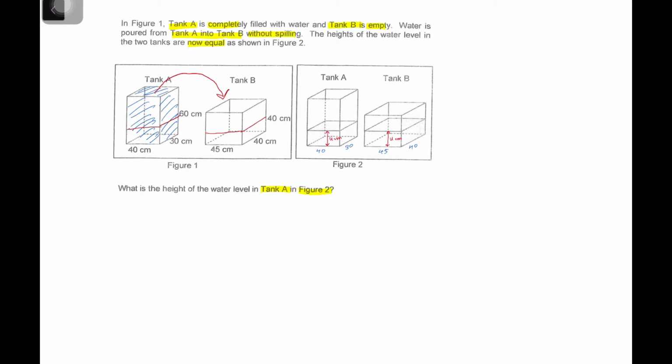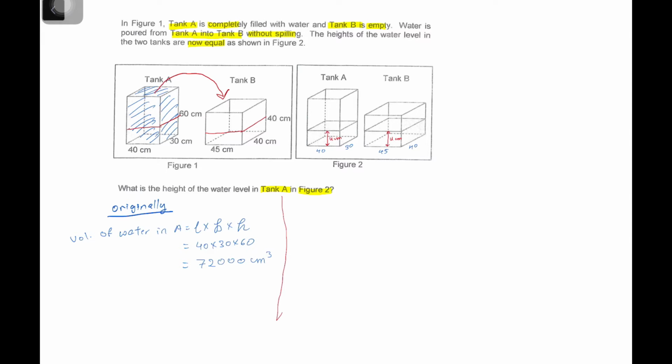So we write, originally, the volume of water in tank A is equal to the length times the breadth times the height, which is 40 times 30 times 60, which gives us 72,000 cubic centimeters, right?